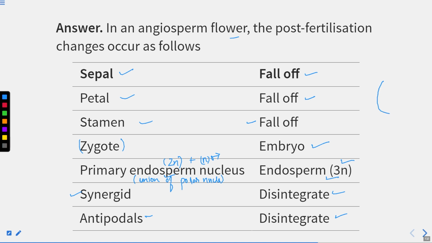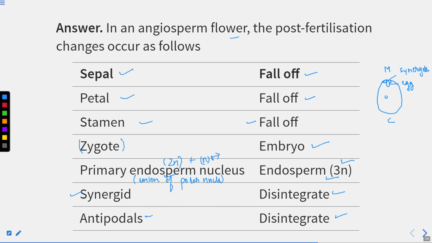I have already told you, but let's again draw the structure here. This is the structure. This is the micropylar end. This is the chalazal end. At the micropylar end, the egg cell is present here, and these are the two synergids.